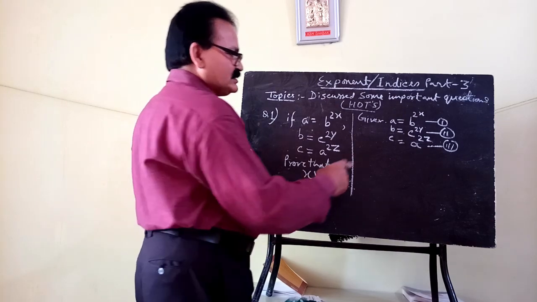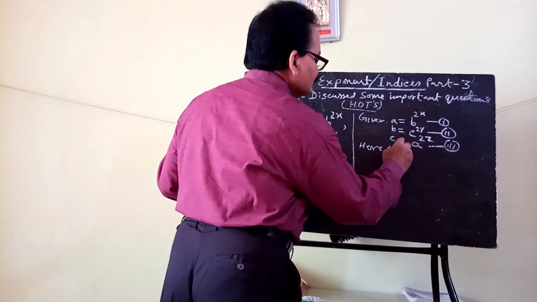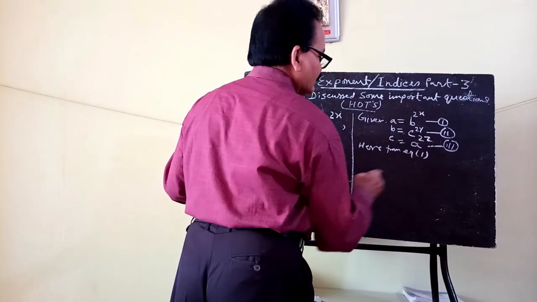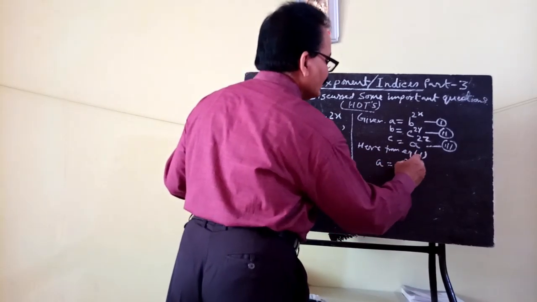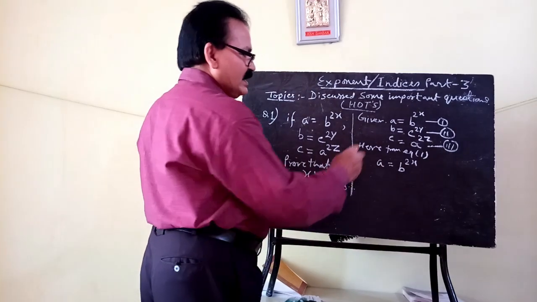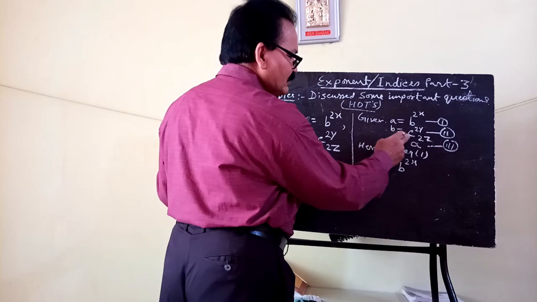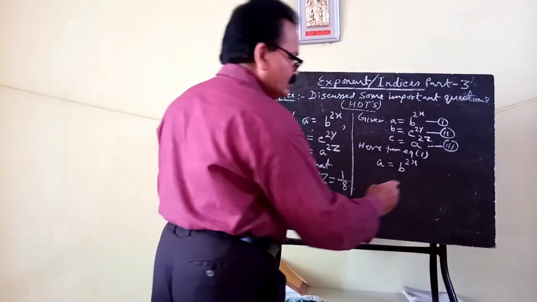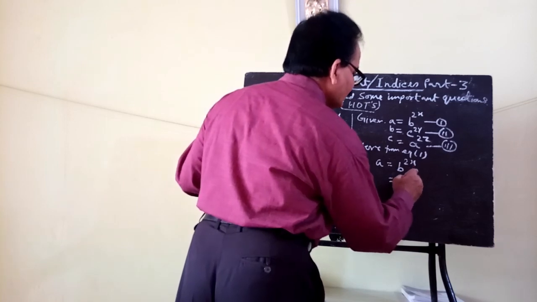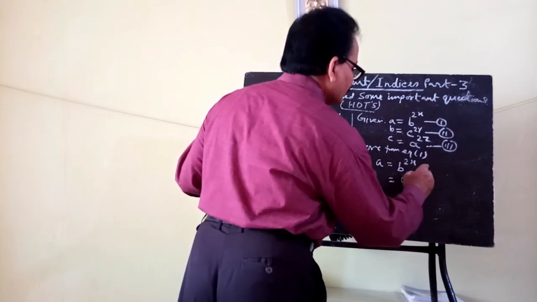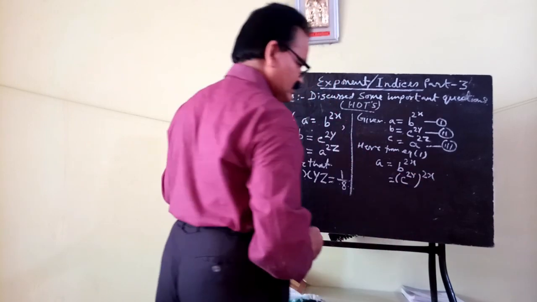First, from equation 1, a equals b to the power 2x, and the value of b is c to the power 2y. So instead of b you write c to the power 2y, put a bracket, and outside it is 2x.